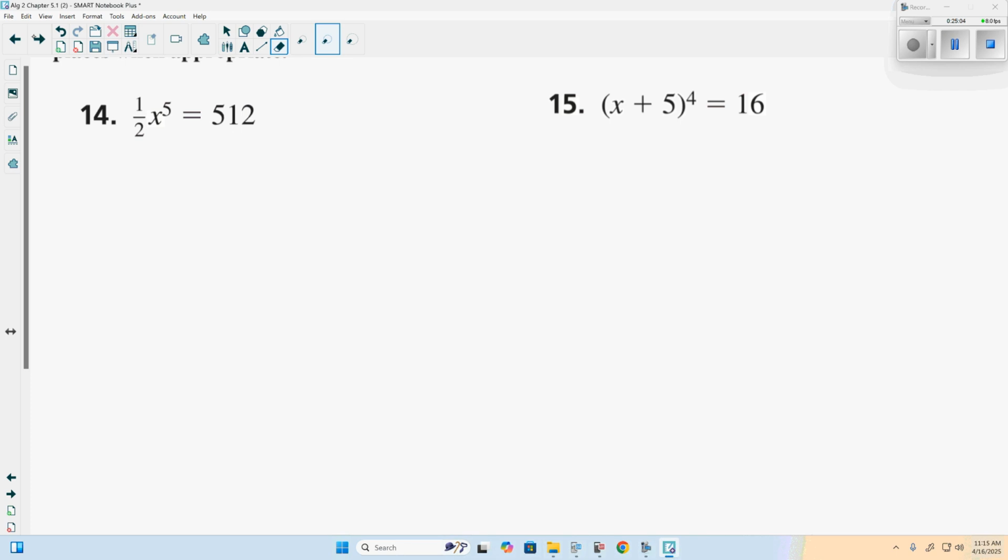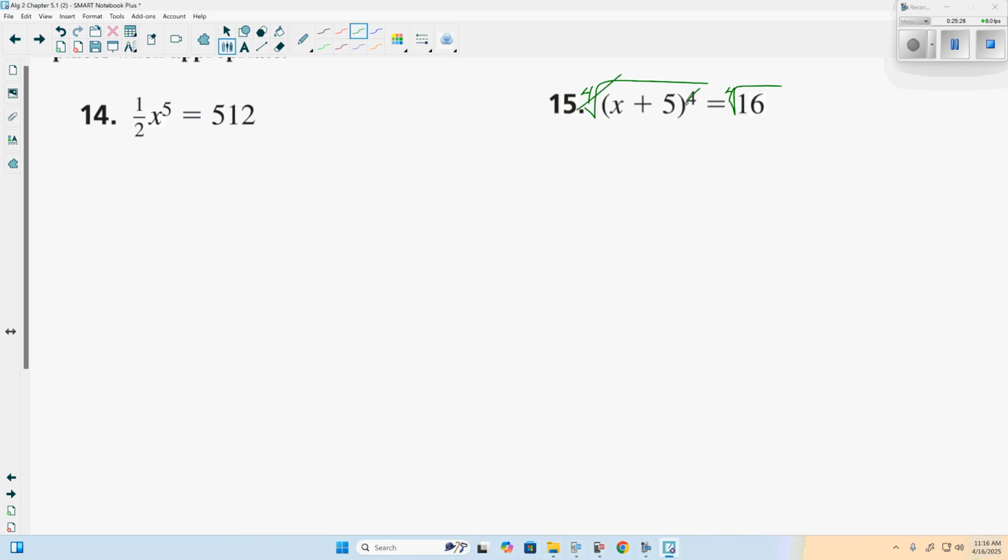Let's look at 15 before we call it good. Because 15 is a little bit different. Again, that x plus 5 to the fourth power is by itself. So the first thing we can do is take the fourth root of both sides.